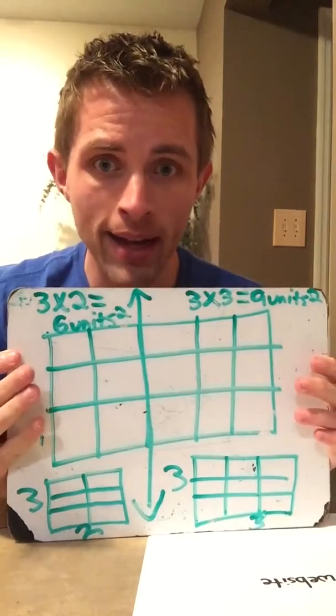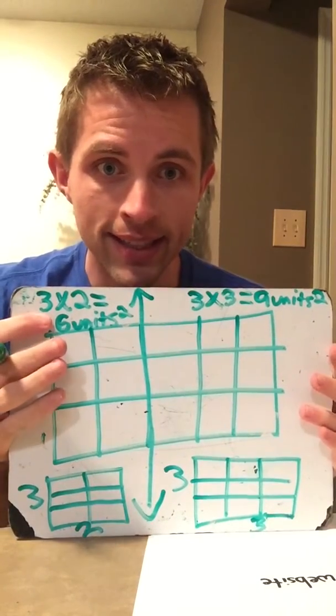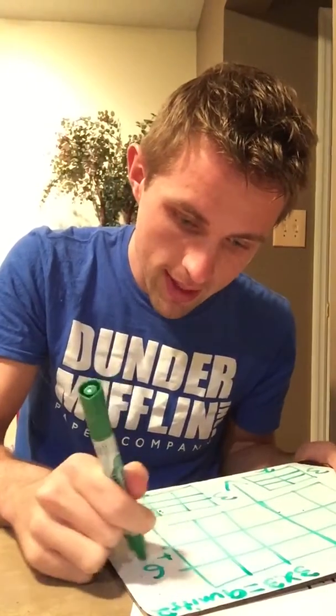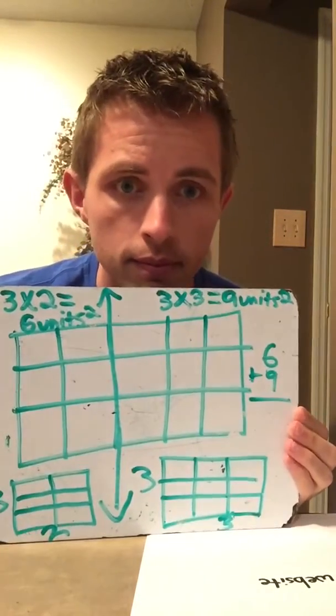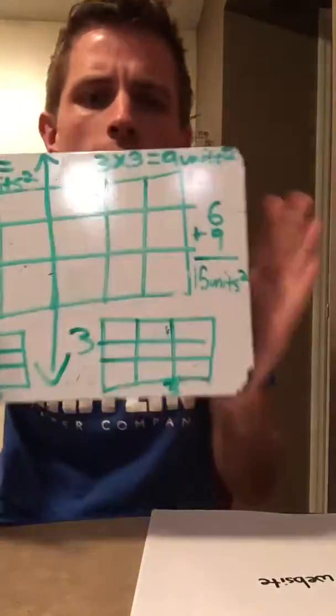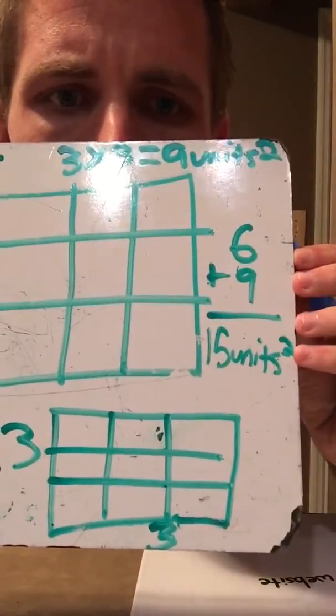So what am I going to add together? 6 and 9. I'm going to do it over here. 6 plus 9 is going to give me what? 15. Not just 15, 15 units squared. Do you see that? Of course you don't see that. Look, 15 units squared.